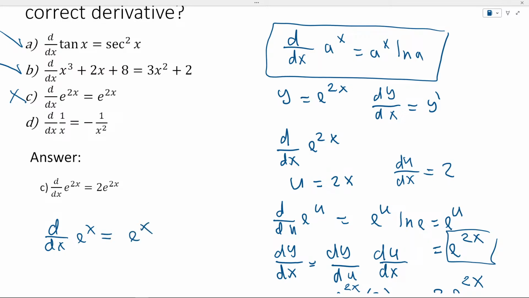But here, this is not e to the power x, this is e to the power 2x. So you need to use the chain rule for this, so you need to multiply by 2, and that's why this is the correct answer.